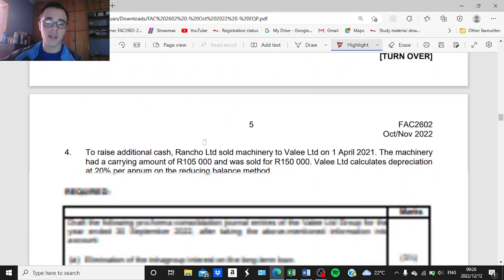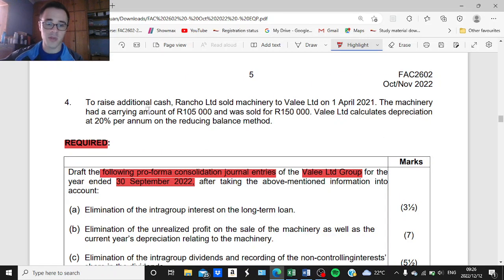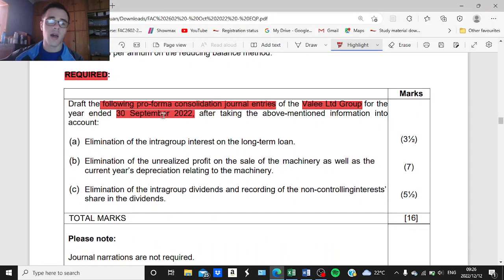Now, for question 1 in the October 2022 examination, the required section states that we are required to draft the following pro forma consolidation journal entries of the Valley Limited Group for the year ended 30 September 2022 after taking the above mentioned information into account.